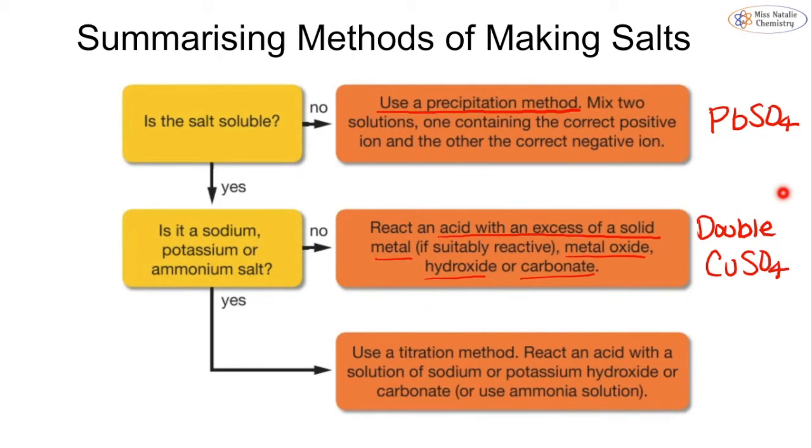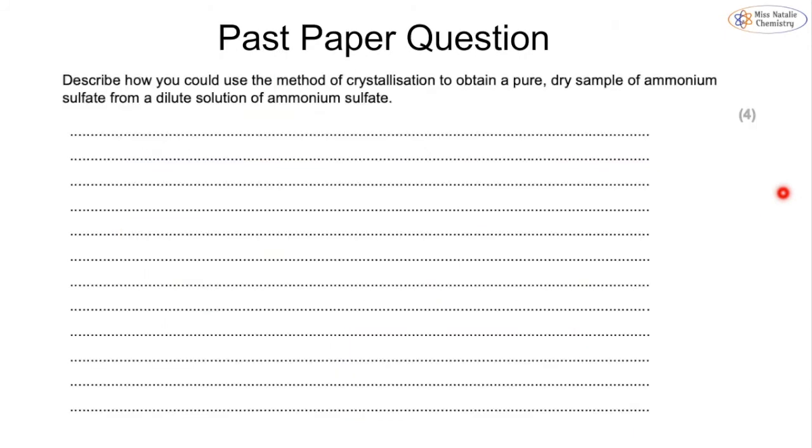Or if it is a sodium, potassium, or ammonium salt, then we're going to use our titration method, and that's where we might use something like that to form sodium sulfate. So you can see, depending on what the sulfate is connected to will depend on what method you use. So it's extremely important that you do know your solubility table.